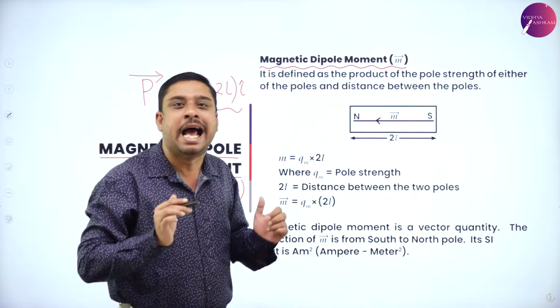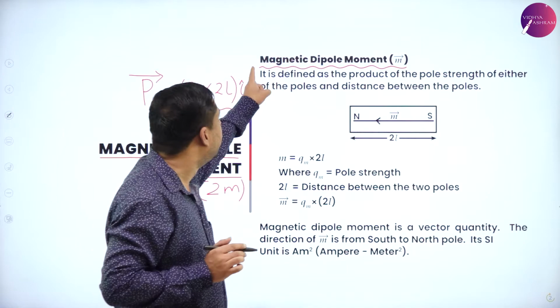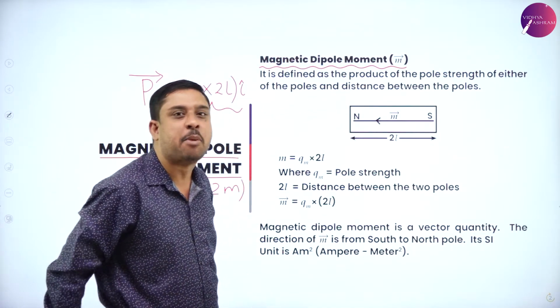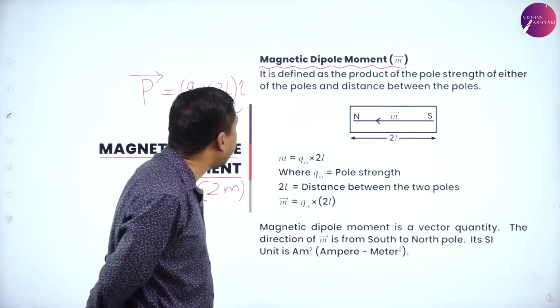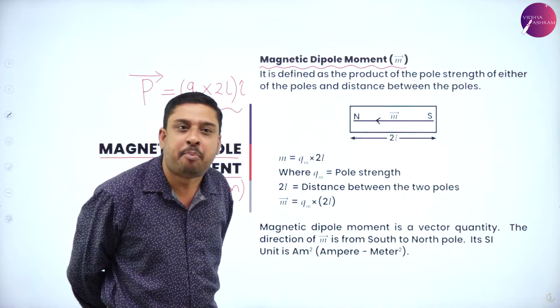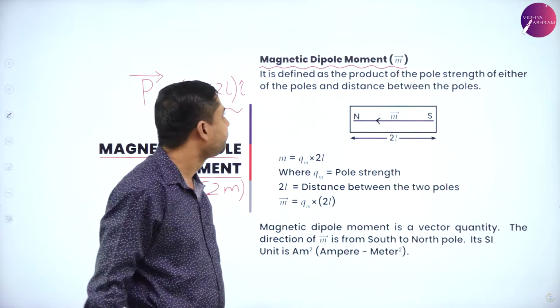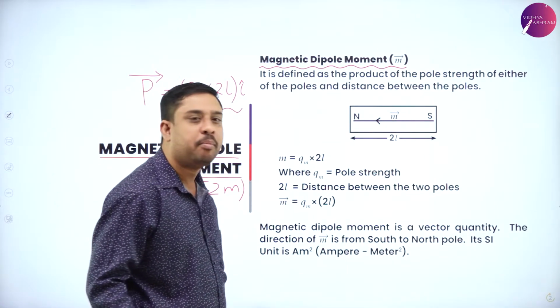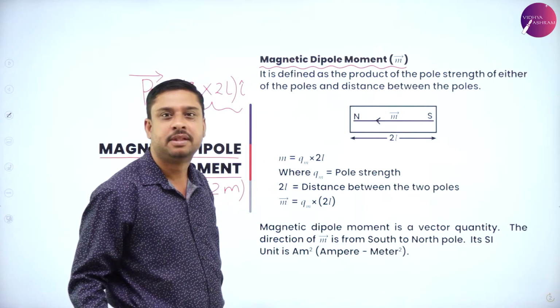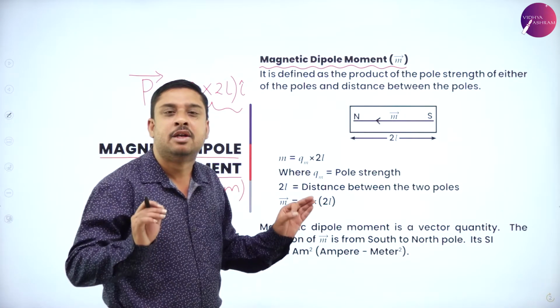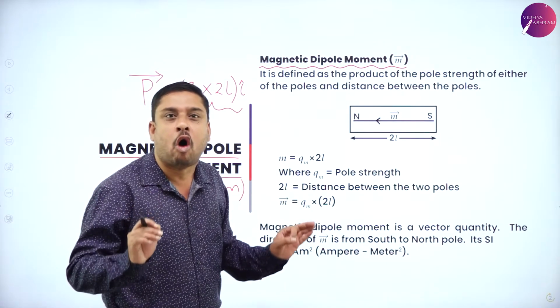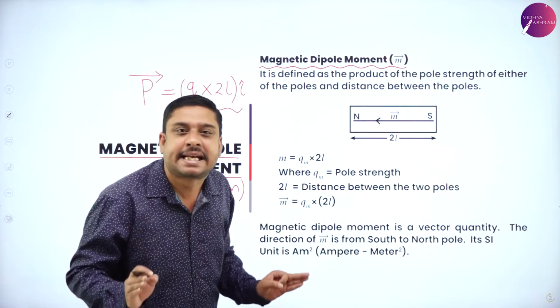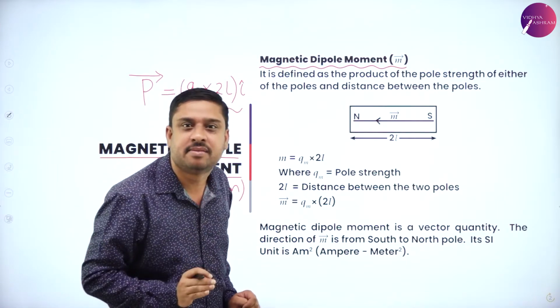So in analogy now, we define something called magnetic dipole moment. Now I consider a bar magnet where the poles always exist in pairs.